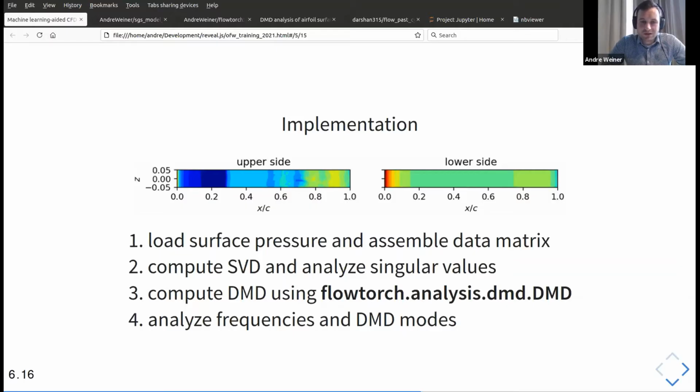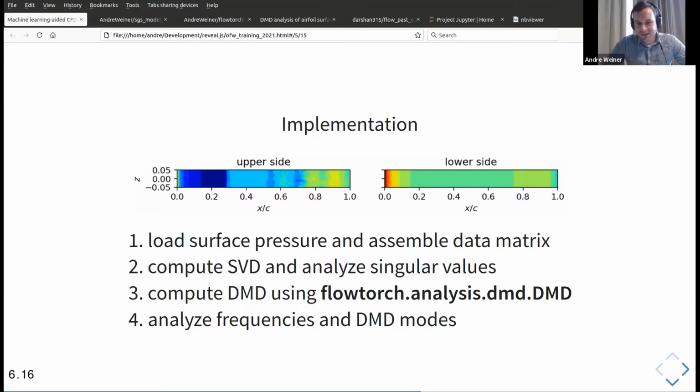Here at the top of the slide, you see one such snapshot. This data is two-dimensional, but we still do the same processing. We take all the sampled points, ignore their spatial relationship, and put them in a very long column vector of the data matrix.